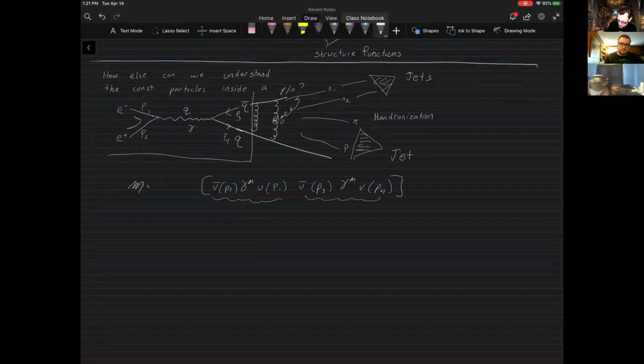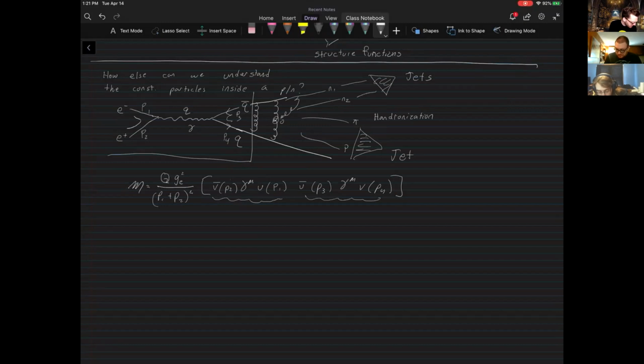Here's my current term that tells me about the quark side of this scattering. Okay, so those are the currents. Then I also need the propagator term. I have a photon propagator here, and it's going to look something like P1 plus P2 squared. This is basically the Q squared term. And then I have something that's going to be my g_e, that's related to the charge, and then there's a big term here that I'm calling Q.